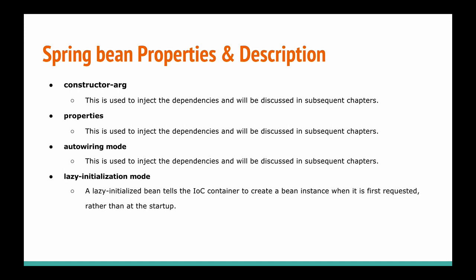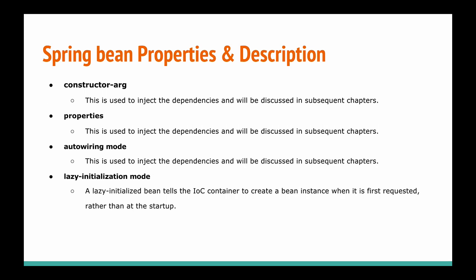This is used to inject dependencies and will be discussed in subsequent chapters. The next is called properties. This is used to inject dependencies and will be discussed in the subsequent chapters. And the next is called autowiring mode.